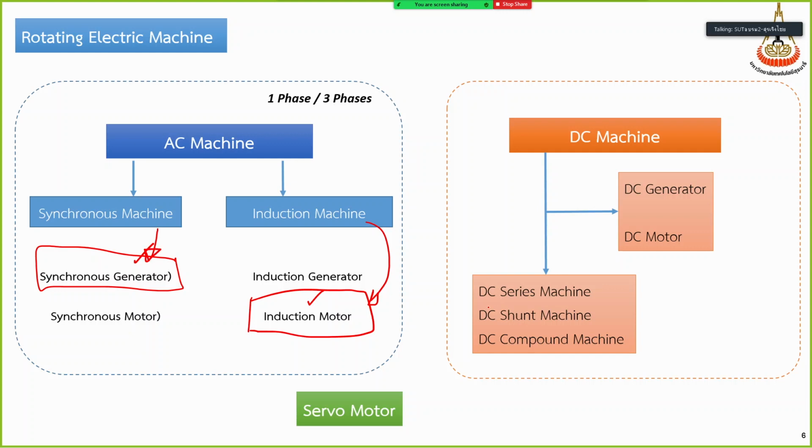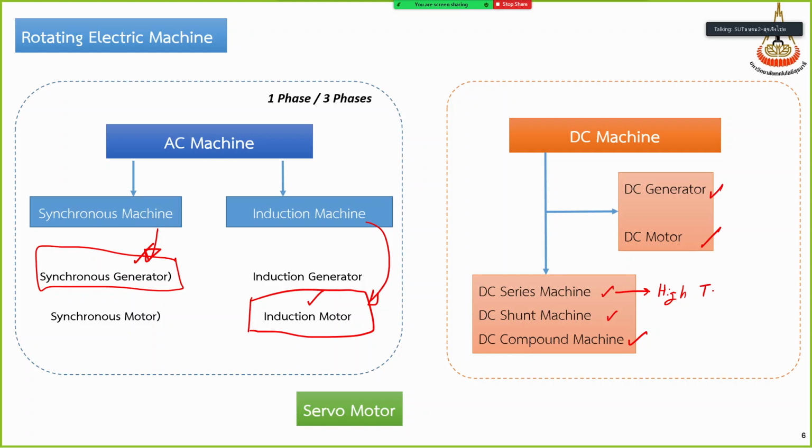Okay, and for DC machine we could also have a generator and motor, and for DC machine we can categorize into three important types, which are the series machine, shunt machine, and compound machine. It depends on the circuit, and it depends on the application. For example, series machine will give a very high torque, right?